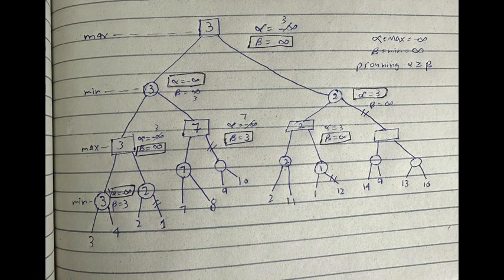We traverse down the same way, and the condition we keep in mind is alpha greater than or equal to beta. Even if beta is equal to alpha, we're not going to go down that path. We're going to prune it. The same way I completed this, and the best value is at the top.